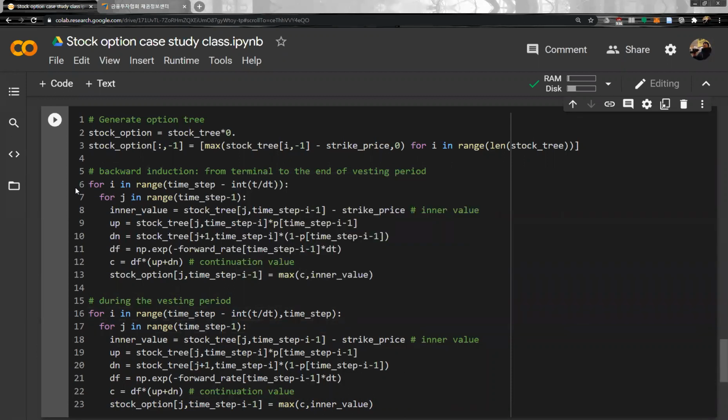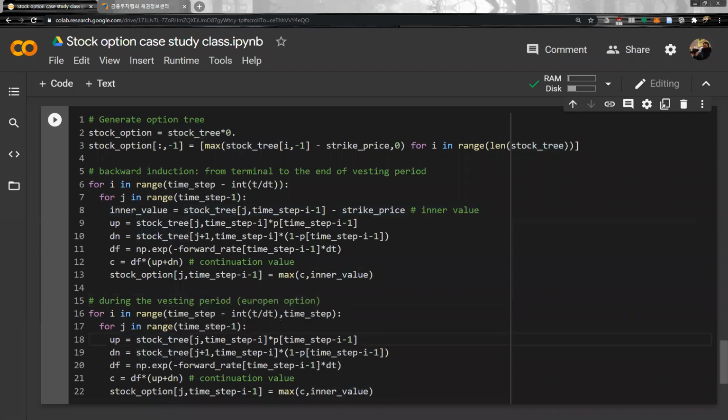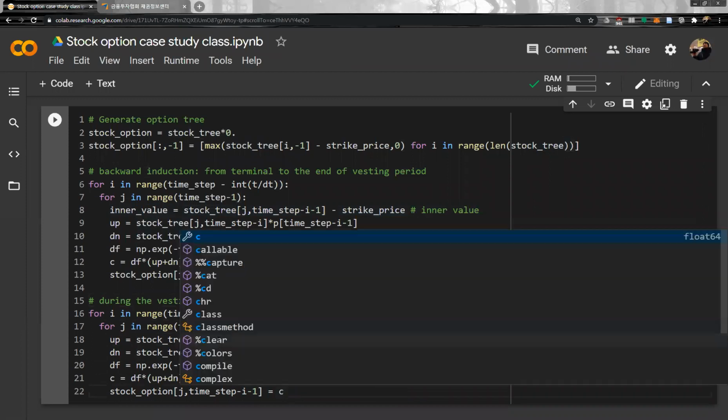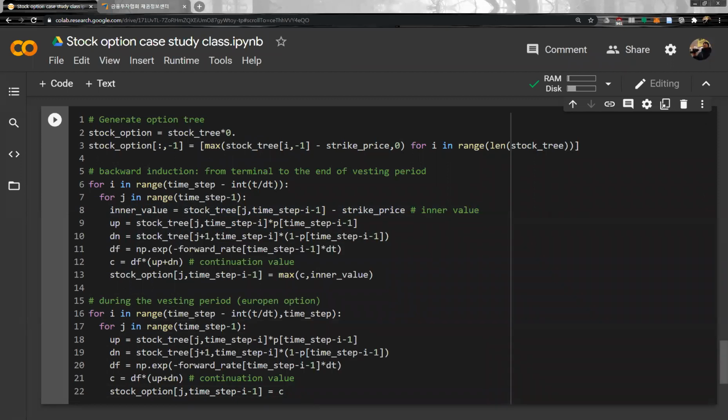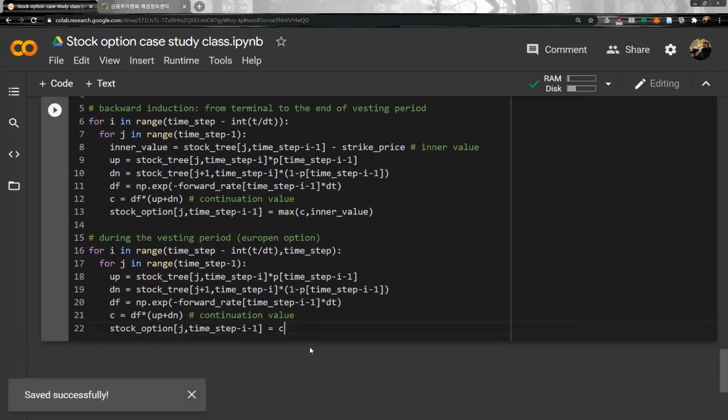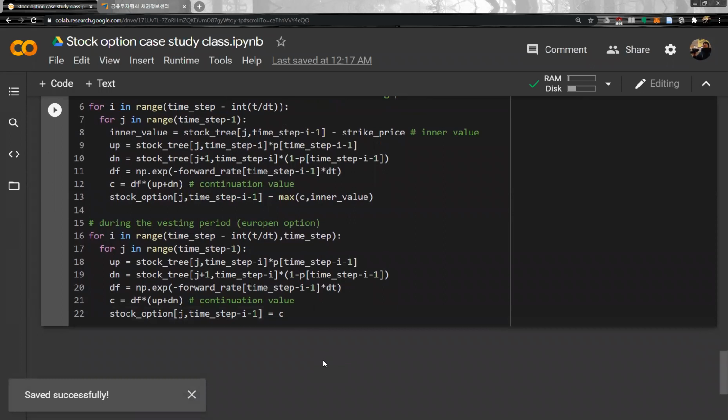J should be the same, and the up inner value, now it cannot, because now it is a European option. At this time it is a European option, so it cannot exercise the option right away. So inner value is not necessary, and only the continuation value matters. The option value is simply C here, the continuation value.